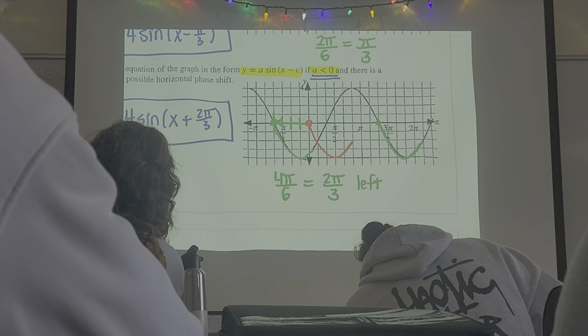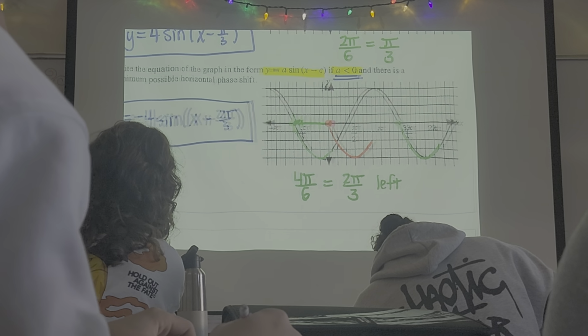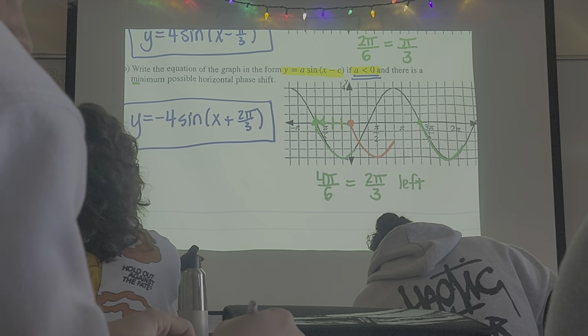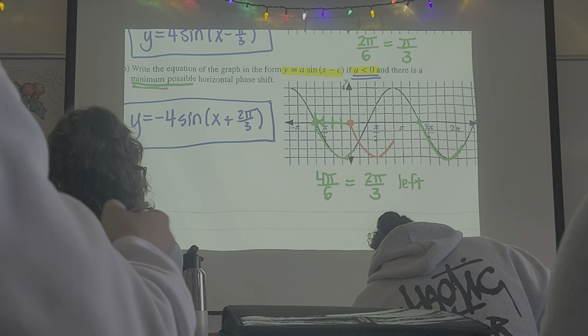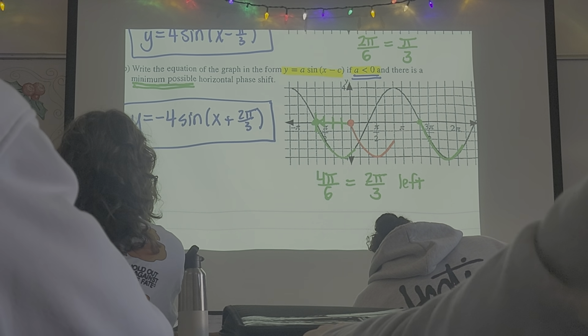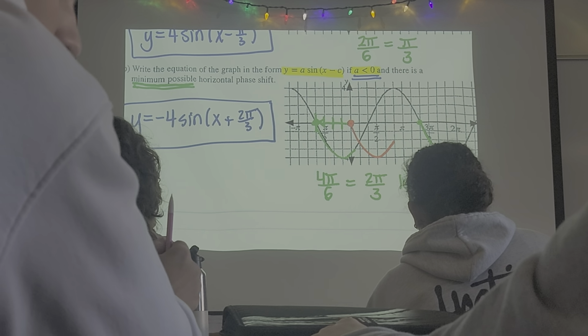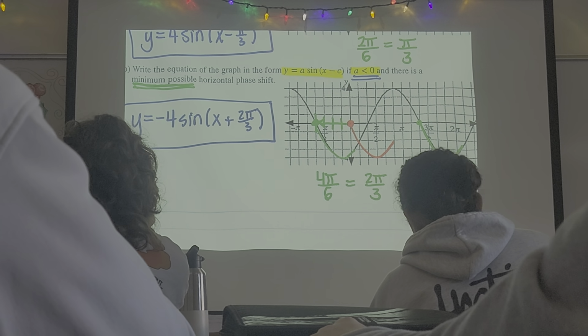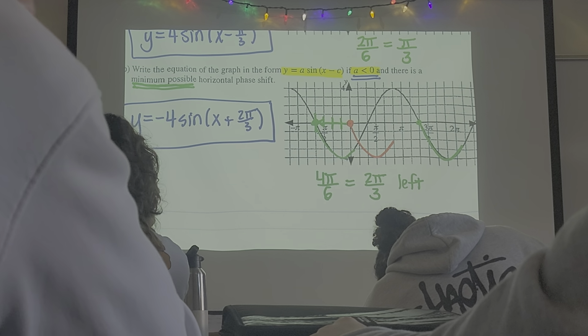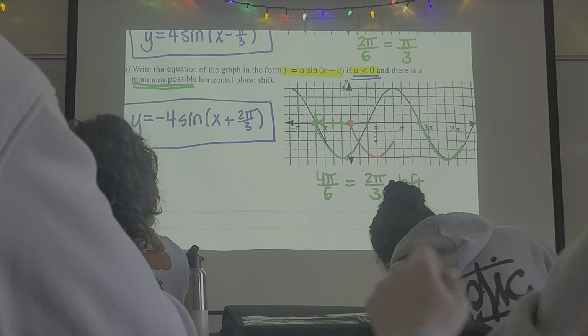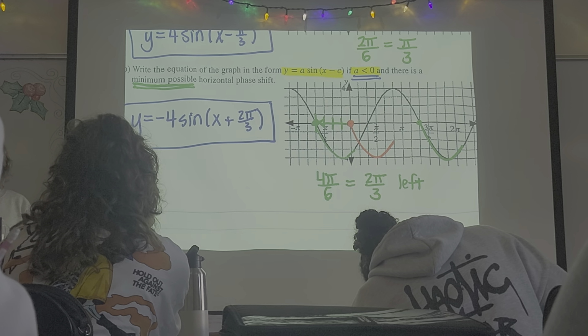But whenever we're doing our left-right, we always want the minimum possible. So I always want to go to the closest matching spot. It could have gone right, but that's not minimal. That's even further away.